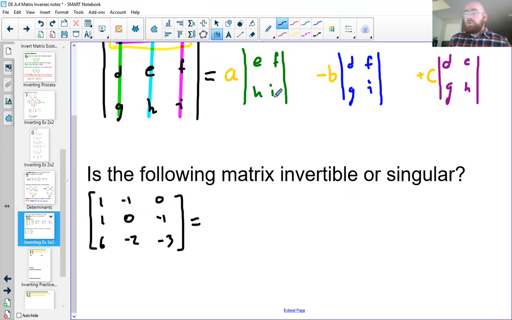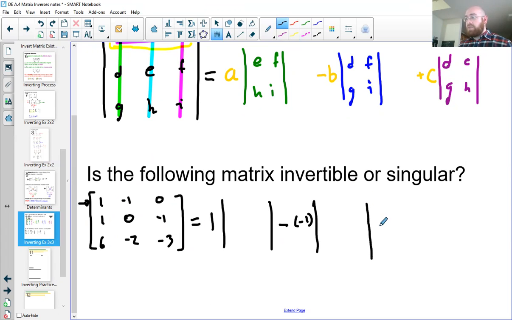And so I'm going to write the expansion of the first row first. So that's going to be 1 times the determinant of something I'll fill in in a moment, minus 1 times the determinant of the second part, plus 0 times the determinant of the third part.